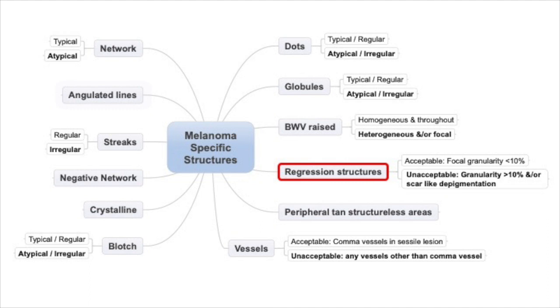Now, in a nevus, you're allowed to see regression, but the only regression that is permitted is granularity, not the scar-like regression, only granularity. And that granularity has to encompass less than 10% of the surface area of the nevus. That is okay in a nevus. If you see more than 10% granularity, and the minute you see scar-like depigmentation, then it becomes concerning for melanoma.